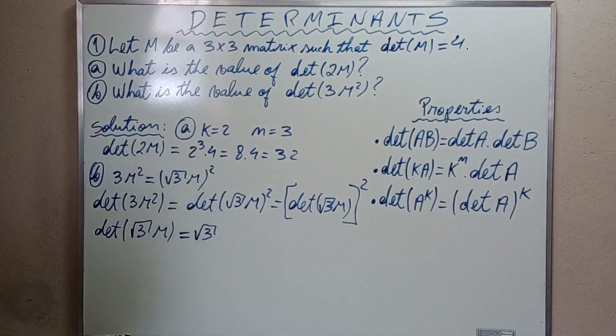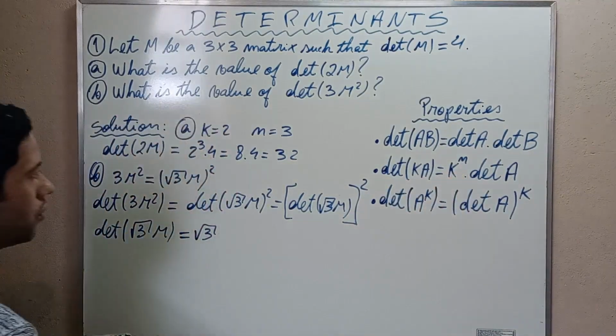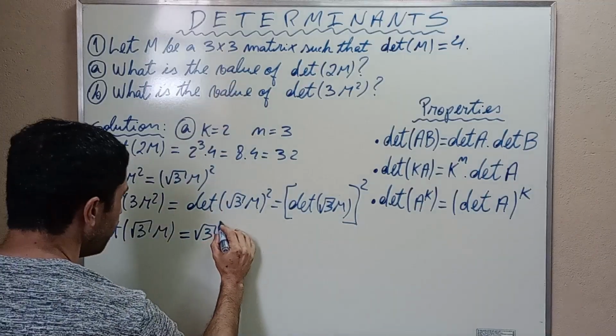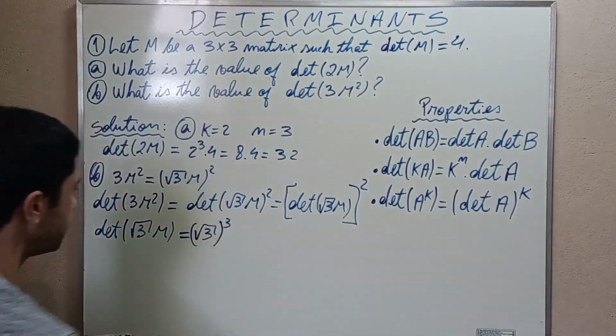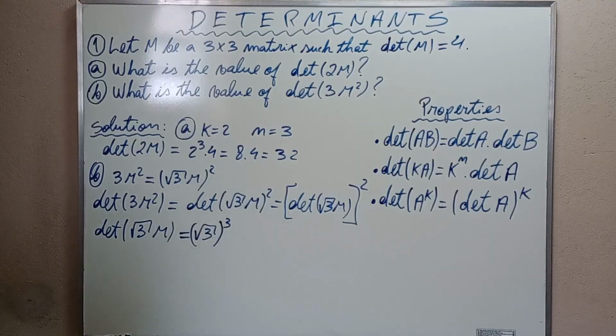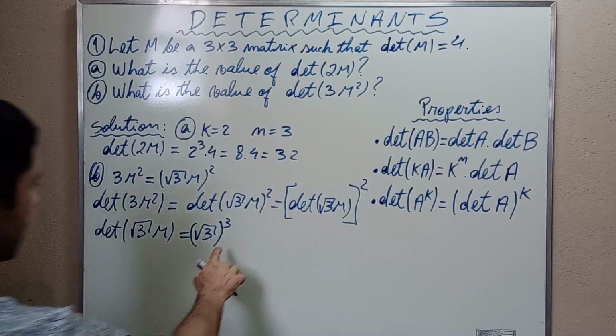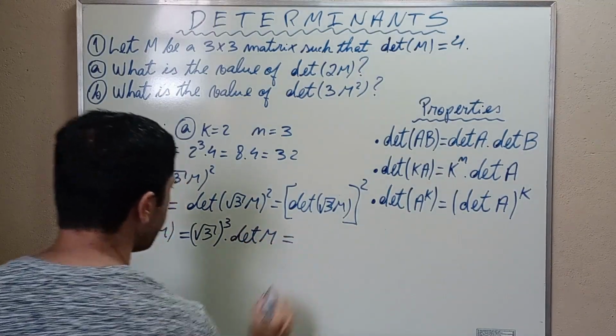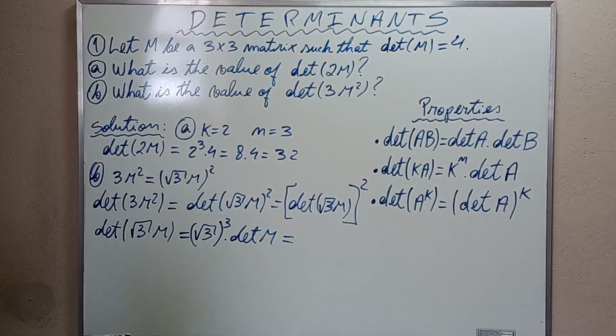And the order of the matrix is, in this case, 3, because M is a 3 by 3 matrix. Alright, it is easy, just pay attention, times the determinant of M, okay? And the determinant of M is 4, as the exercise informed.